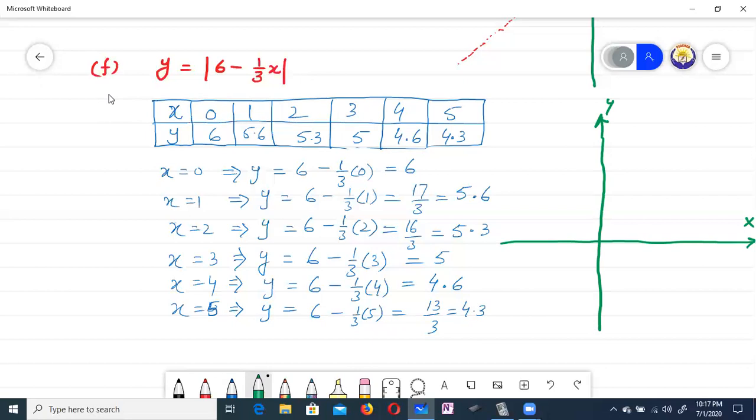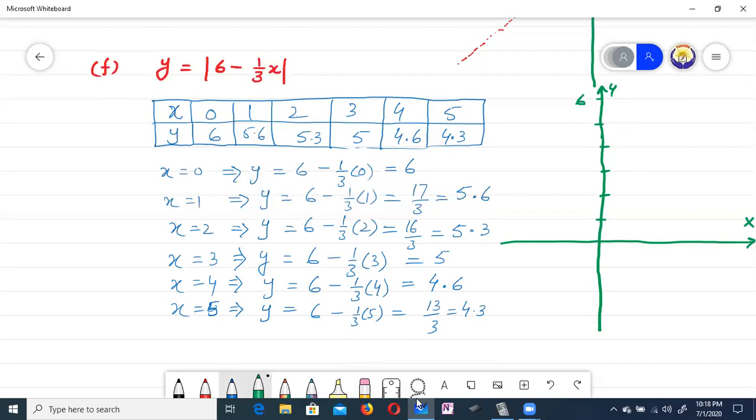Now when x is 0, y is 6, x0, y 6, we can take here y 1 2 3 4 5, we can make it up to here like this. This is y-axis, this 5, and 1 2 3 4 5 and 6.